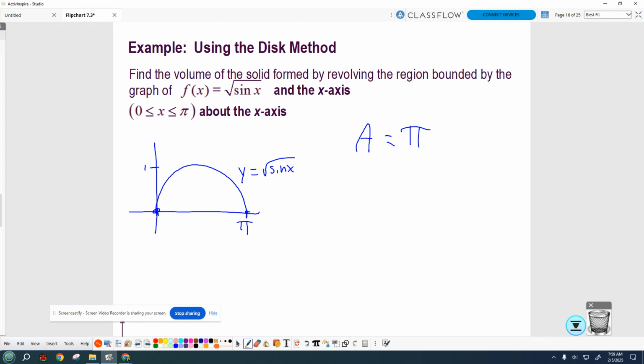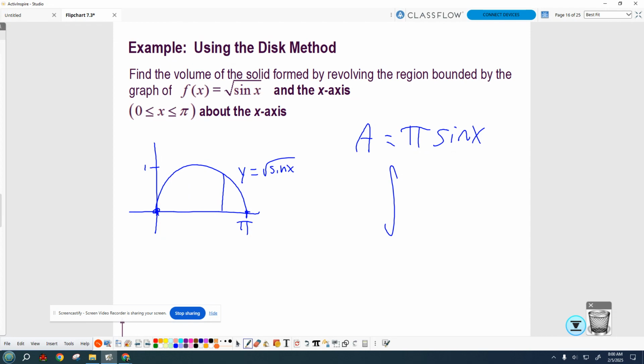Square root of sin x, vertical. And yesterday, we did a problem where this distance was the diameter. Now, the radius is from the stick that it's spinning around to the curve, so pi r squared, square root of sin x squared is just sin x.